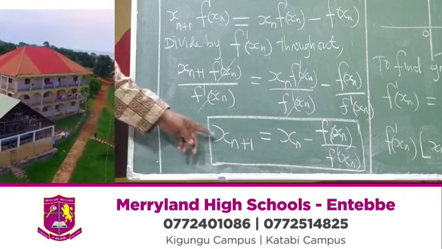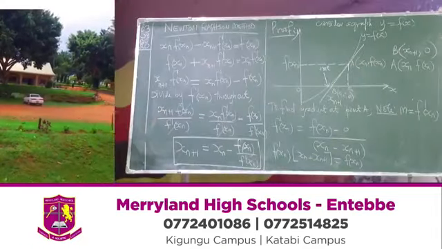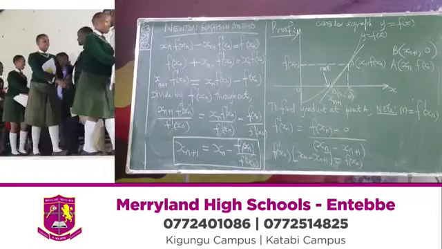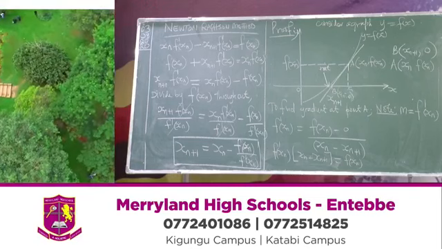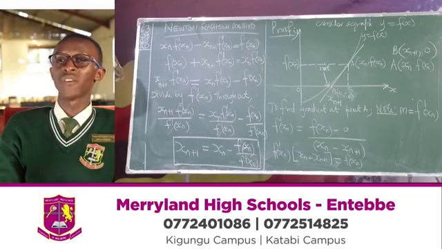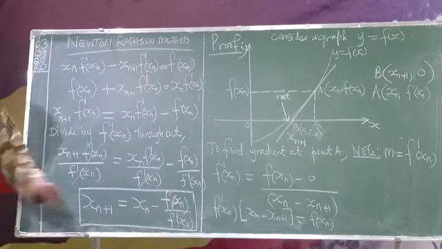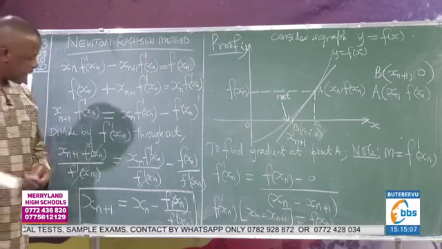The function f of x has an approximation that we said is the first approximation, and that approximation was x_n. And we have said that x_{n+1} is a better approximation of the first approximation.